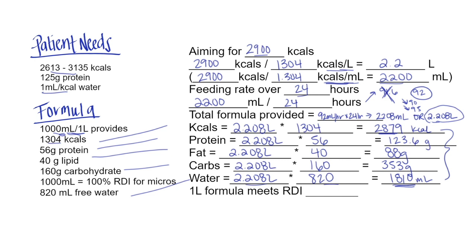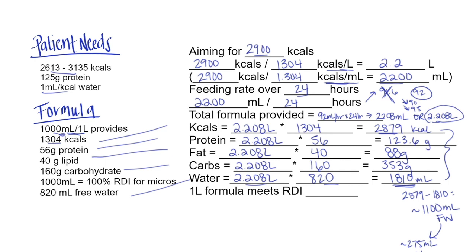So note that for this, we could take our 2879, subtract 1810, and give ourselves a need of approximately 1100 mils of extra free water. If you want to break this down further, we could look at about 275 mils given Q6. But there's a lot of different options there that you could do with the extra free water flushes.